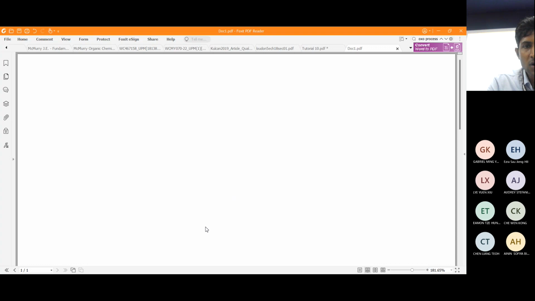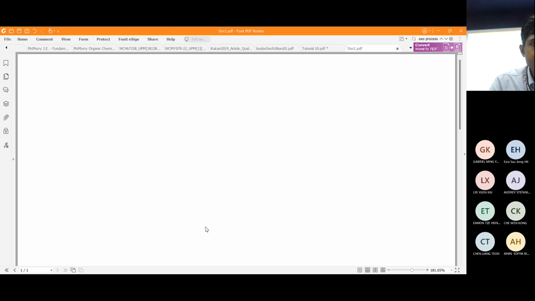SN2 reaction will occur if there is a strong base and not that high temperature. And of course, it should not be that branched. So it is a 1 degree alkyl halide, or 2 degree also possible sometimes if the base is very strong. Otherwise, probably it will be SN1. So what are the things for consideration?